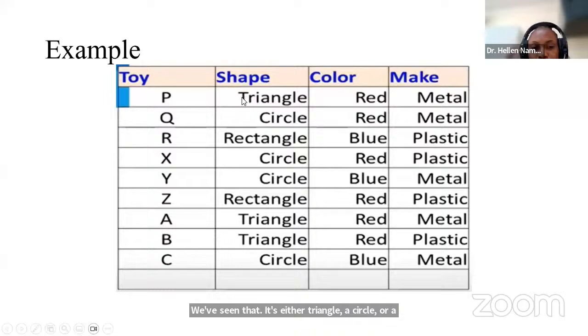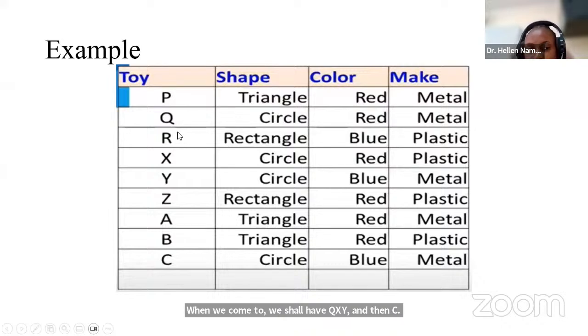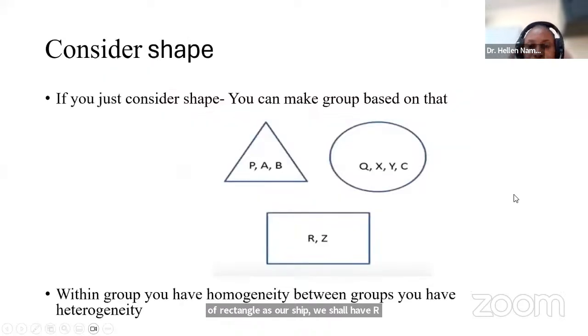With a triangle, we have toy P, toy A, and toy B. If we group by triangle, because sometimes it's natural grouping, then under triangle we shall have P, A, and B. For circle, we shall have Q, X, Y, and C. For rectangle, we shall have R and Z. So this is what we have on this slide.